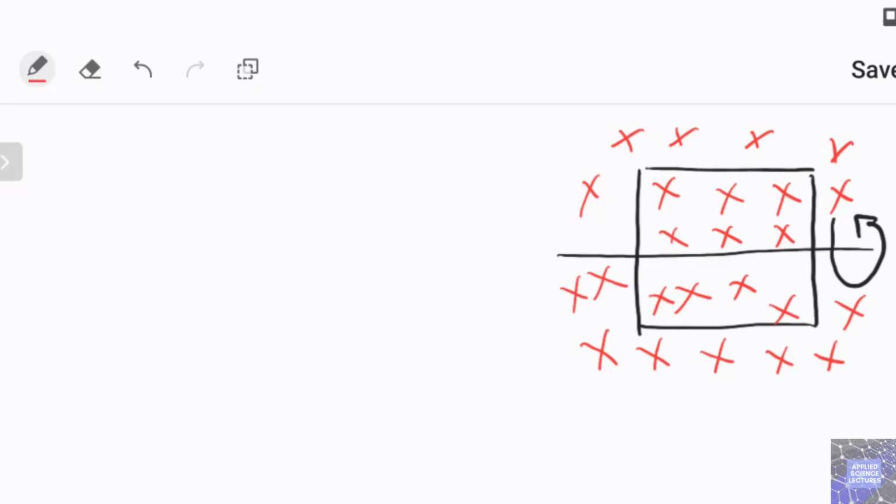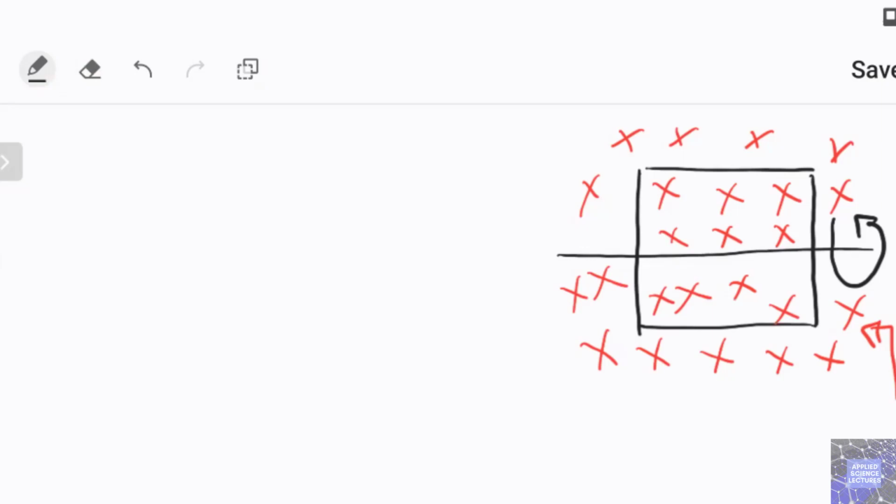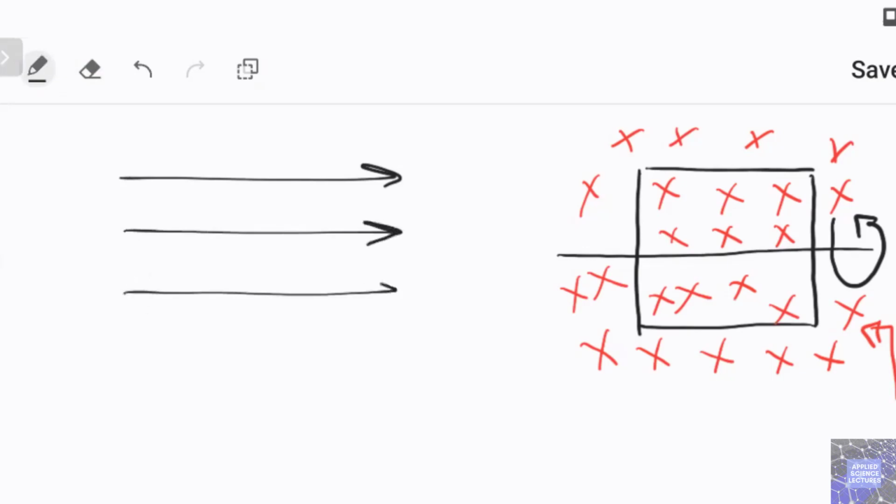Okay, if I am to look from this side, I will be seeing that the magnetic field is in this direction, also the loop.